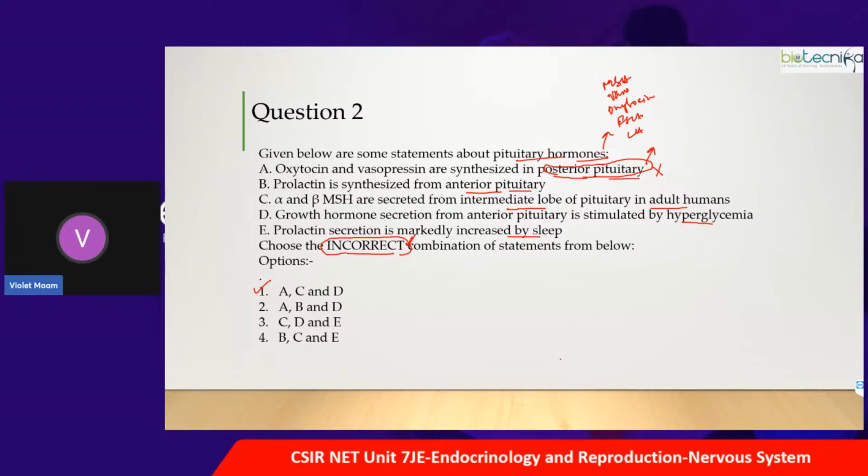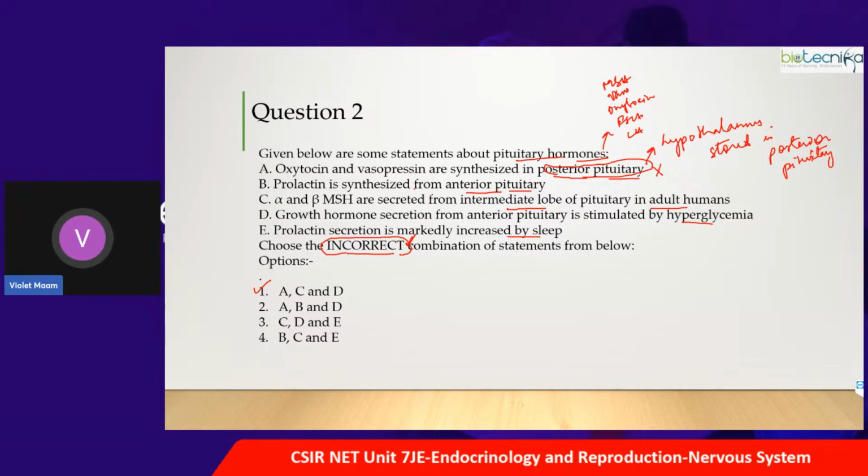Yes, right, Ashwarya. In the hypothalamus, correct. So they are synthesized in the hypothalamus. Remember that, students. And they go and get stored in the posterior pituitary. These details are very important to know.